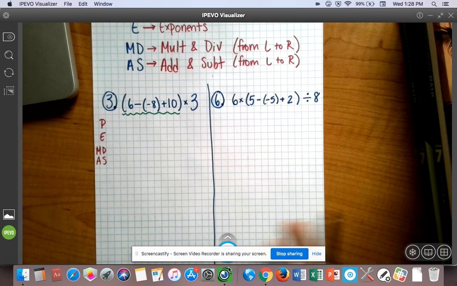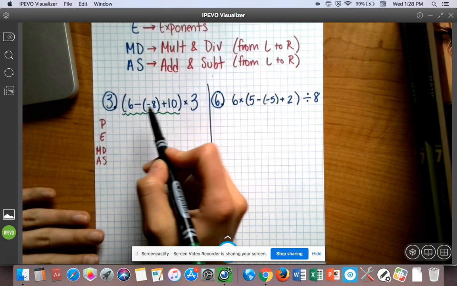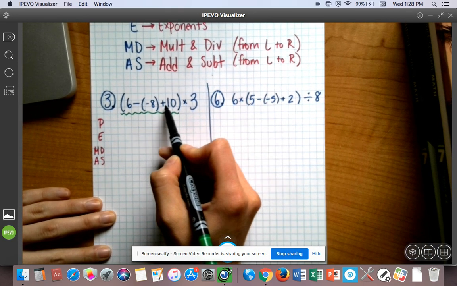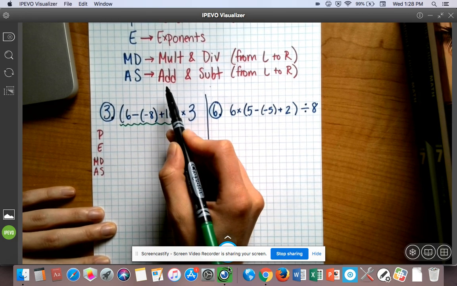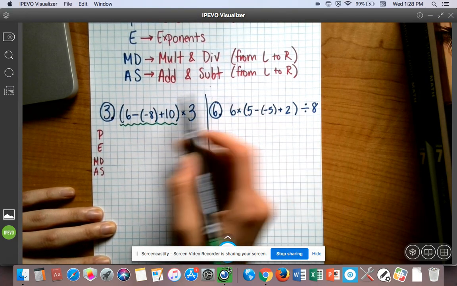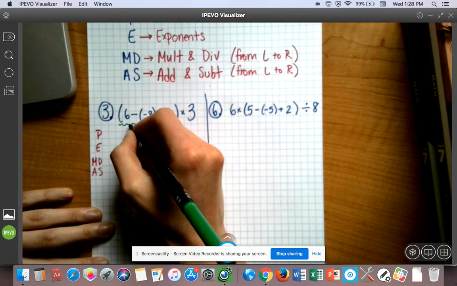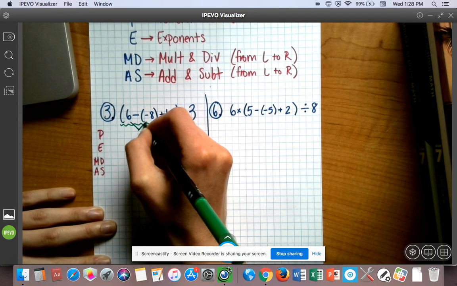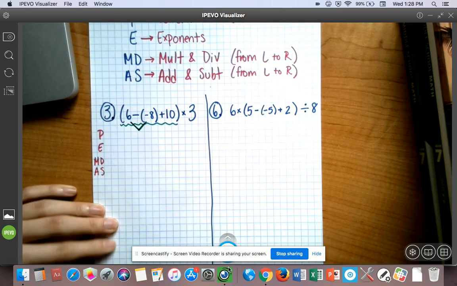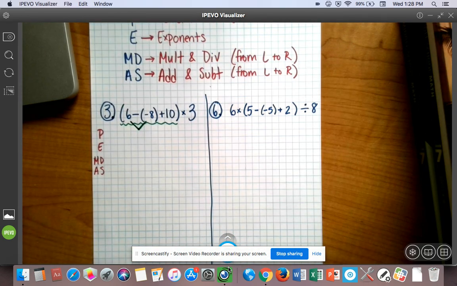I'm going to look within that for my order of operations. I have subtraction and I have addition. Remember, subtraction and addition, you're moving from left to right. Because they're both on the same line, I'm going to do my subtraction first, which is 6 minus -8. Remember, you can rewrite subtraction as addition by adding the opposite.